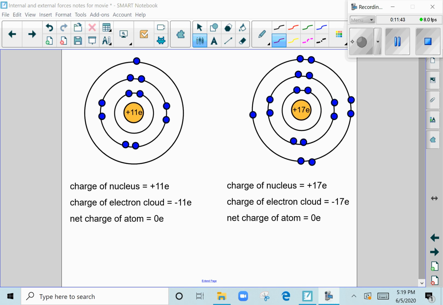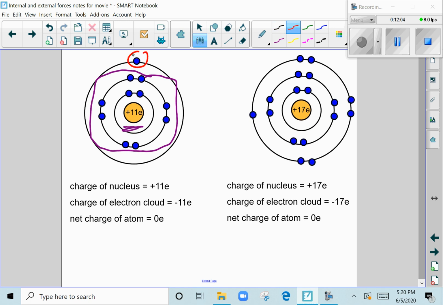And so here we have a nucleus that has an attraction of 11 protons, and here I have 10 electrons that are orbiting it.